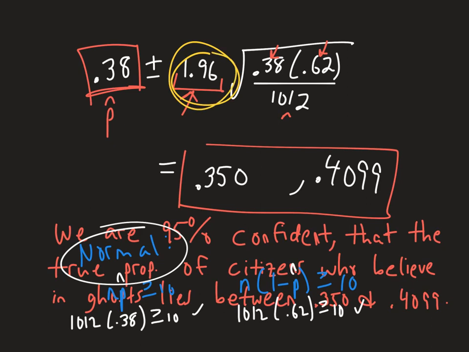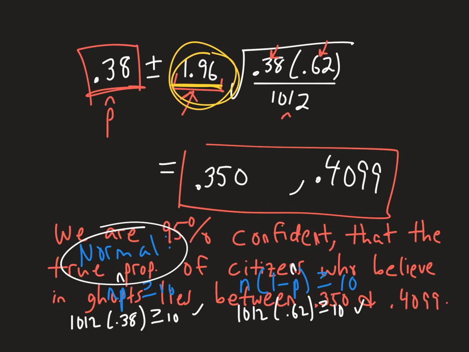Maybe instead of going only down to 0.35, it would have gone farther down, 0.33 or something. I'm not sure what it would be. But it would just make the interval wider, which is okay. You're not going to have as precise an interval, but you needed to be more confident. That's the only way to do it, is to change the z star in there.